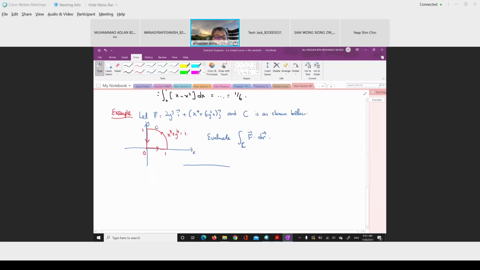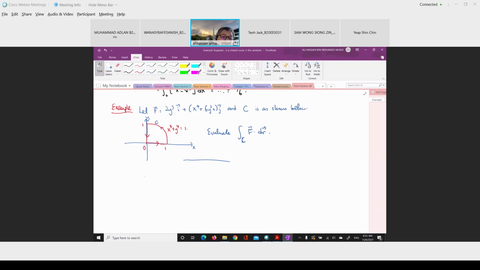So let's apply. What do you think? Is FTLI applicable? Maybe it is applicable, so let's do a quick check. Here M is 2y cubed, and N is equal to x to the power of 4 plus 6y squared x, isn't it? So what is the conservative field test?